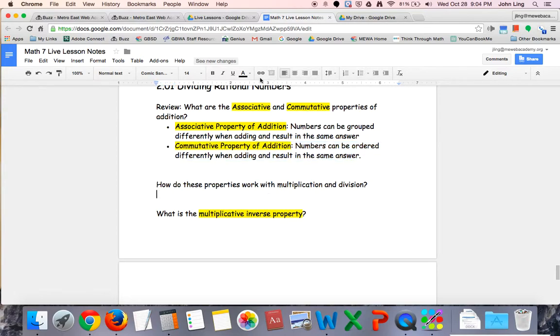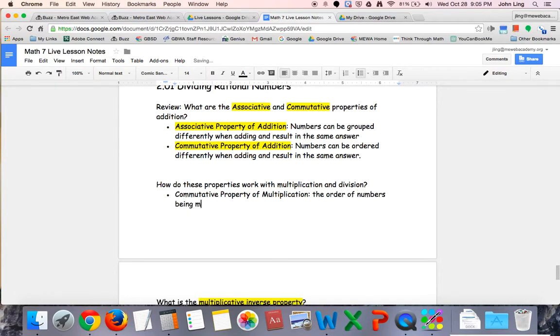So I'm going to introduce these same two properties here, and this is in the lesson. The commutative property of multiplication says that the order of numbers being multiplied can be changed without affecting the product.